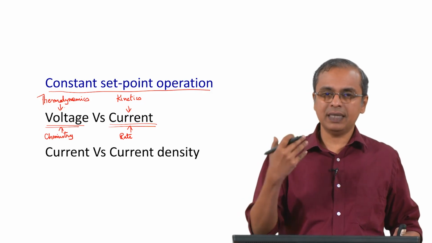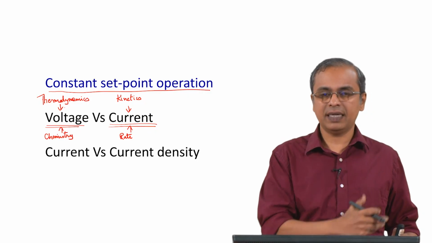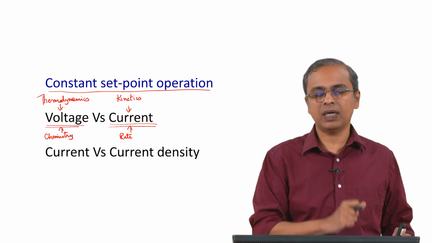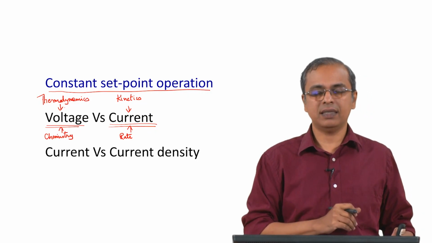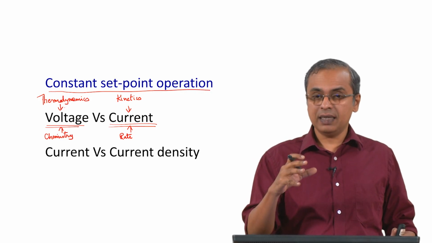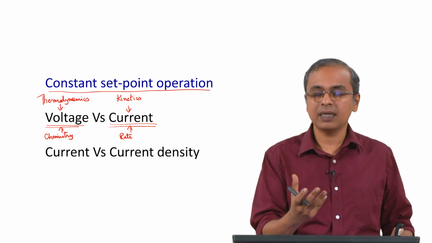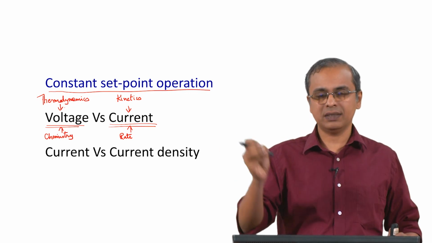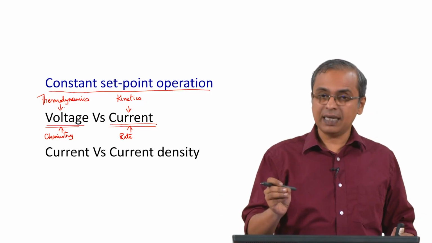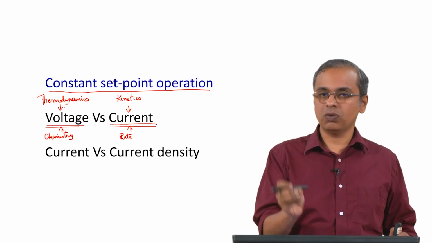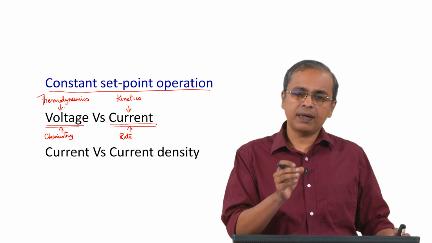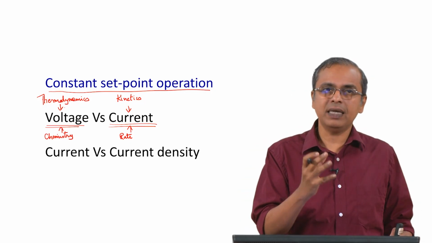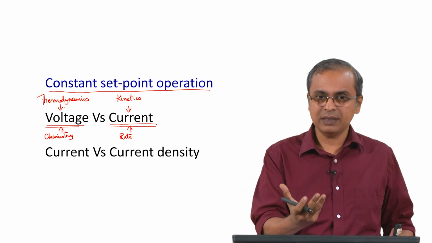Thermodynamics is saying that yes, definitely this reaction can occur, there is strong reason why these two chemicals should react with each other and release energy, but the circumstances in which that cell is situated are preventing the reaction from occurring at any appreciable rate. It is just crawling along, and therefore the current that you are drawing from it is extremely slow.